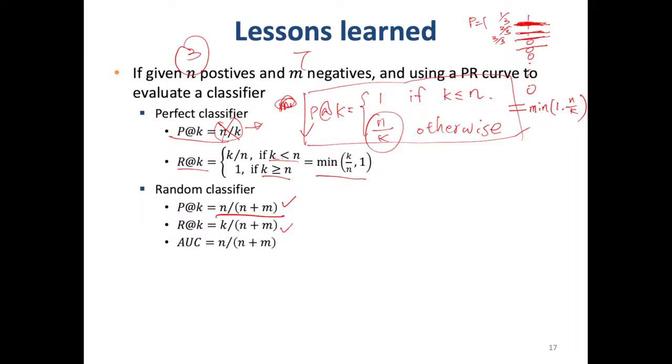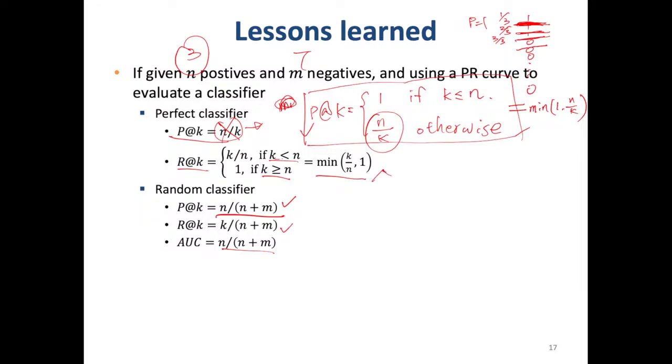And the area under the curve, because that will become a triangle. Okay, so the area under the PR curve is this much. I'm sorry, not a triangle. It's not a triangle, it's a rectangle.